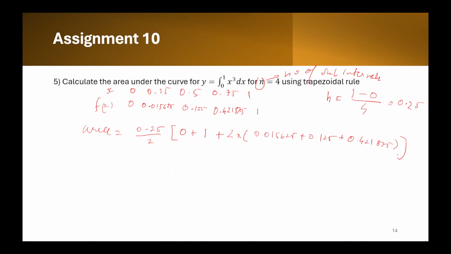Okay. You compute that value. So the answer comes out to be 0.2656. Okay.